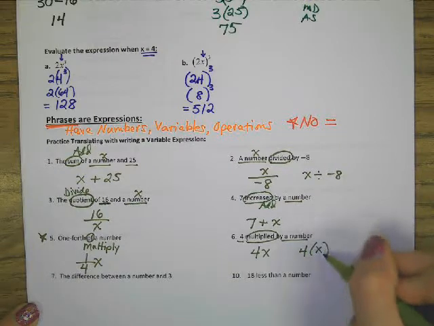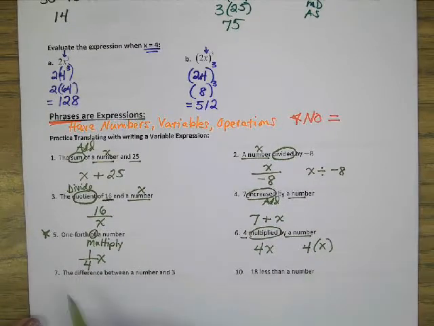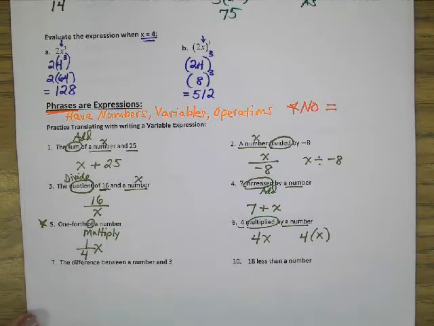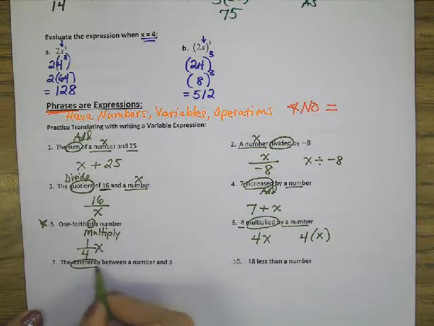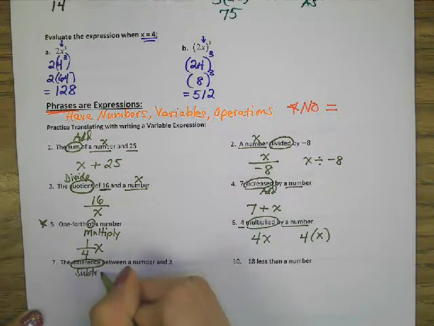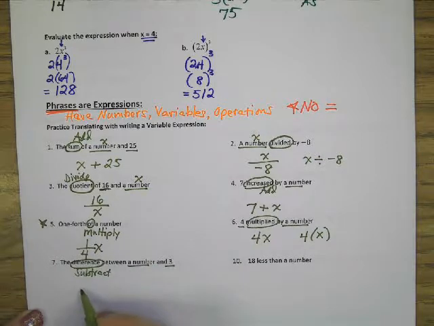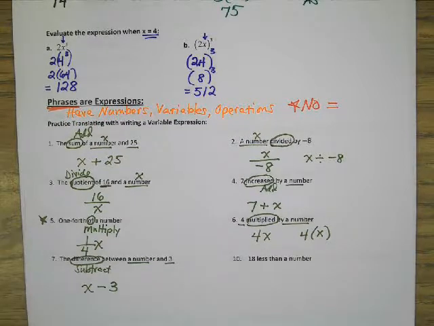Okay, number 7. The operation is difference. Difference means subtract. Okay, between a number and 3. So the number goes first, x, and then subtract the 3. And if you have a red pen, now is a good time to put a red star by number 10 because this is the trickiest question.